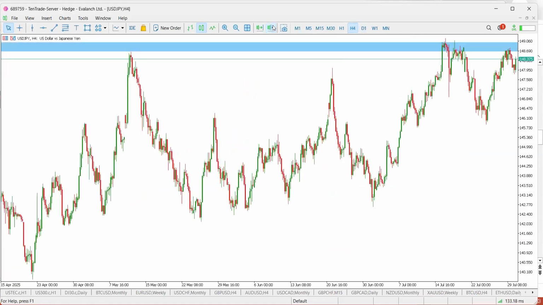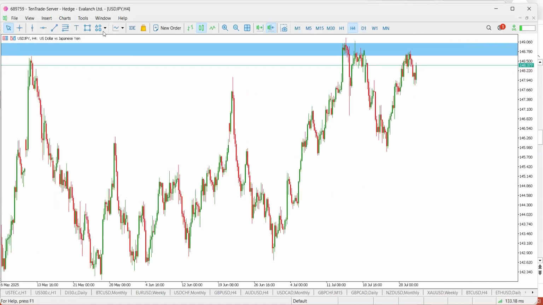Like I said earlier, if I want to sell, I'll have to wait for price to break below this recent low. So price has to come, test here, break here, do a retest, then I will sell from there to probably here. Okay? All right.